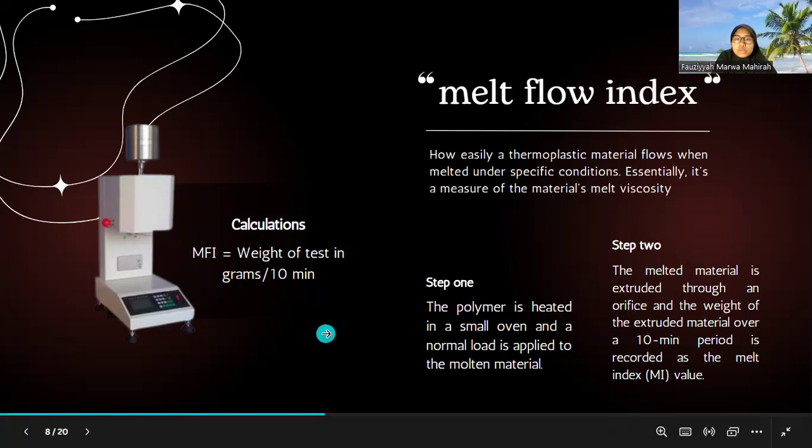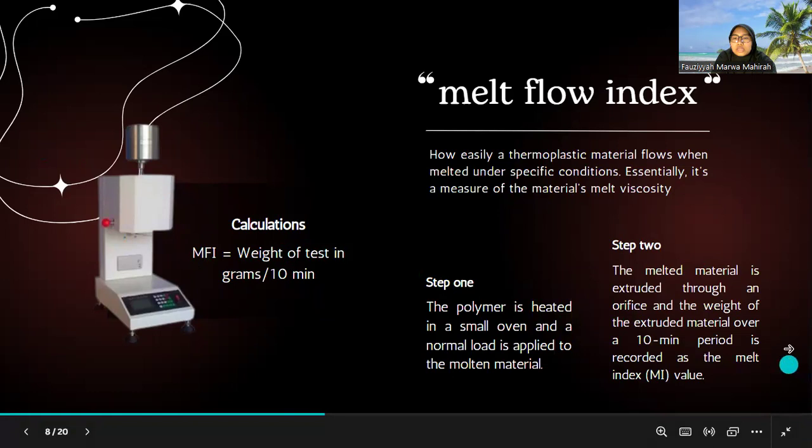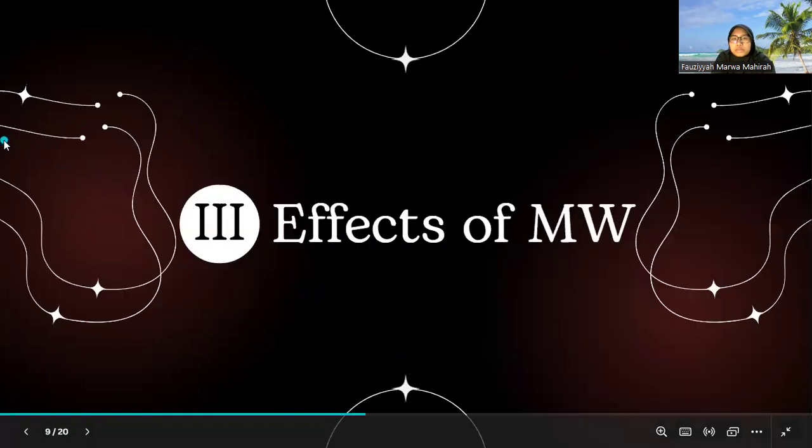So to do the practical work in the lab, you need to heat the polymer, and a normal load will be applied to the molten material, and then it will be extruded over a 10-minute period and recorded as MFI.